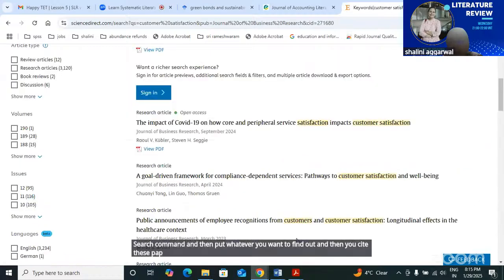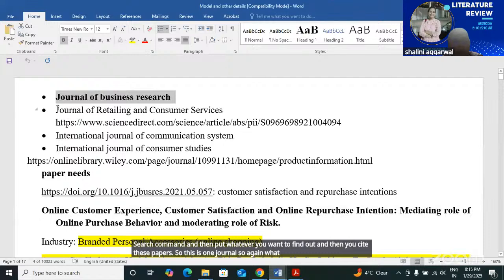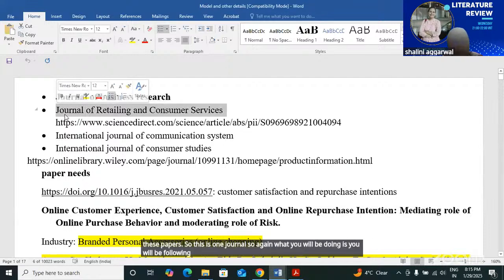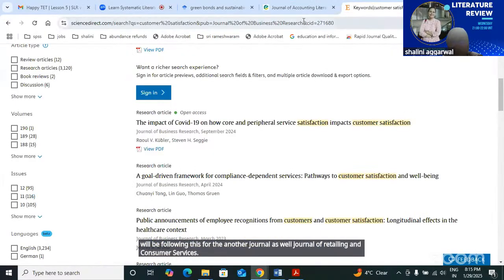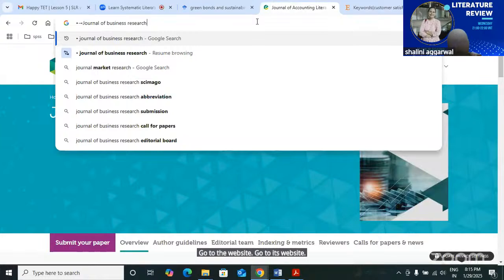So this is one journal. Again, you will follow this for another journal as well, Journal of Retailing and Consumer Services. Go to its website, put it here.